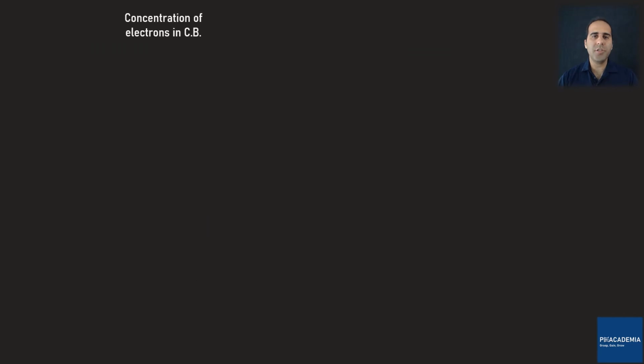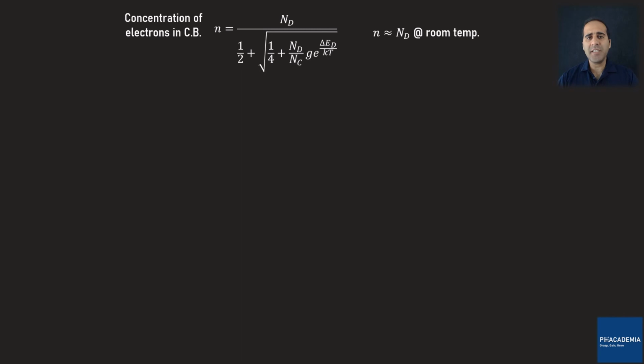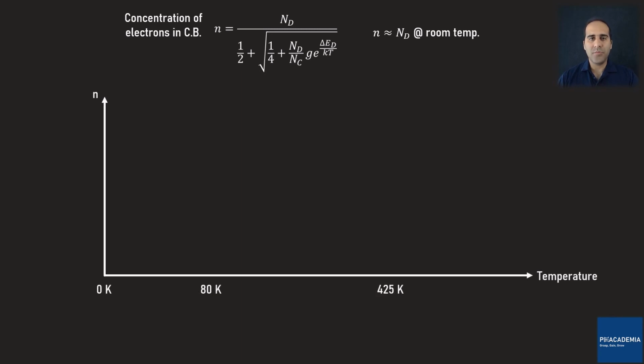The concentration of negative charge carriers, electrons in the conduction band, at a given temperature can be calculated by using this equation. For a small delta ED and ND being much smaller than NC, n is almost equal to ND at room temperature. By taking this assumption, let's take a look at the concentration of free electrons in the conduction band versus temperature.